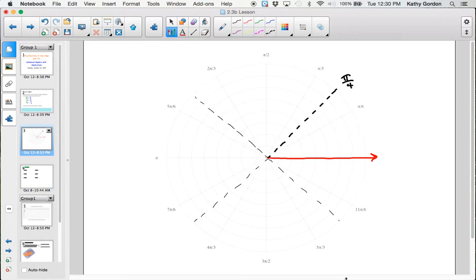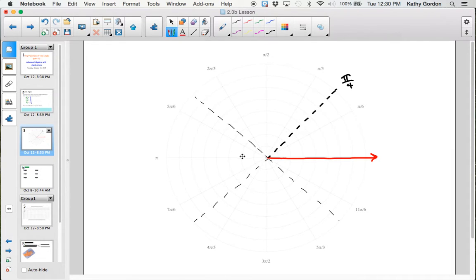Now, if we label the rest of these, if this is pi over 4, as I rotate around that far, if I make an identical rotation from there to here, then I am in a sense doing 2 pi over 4, but that actually just reduces to pi over 2, which we already have labeled, right?